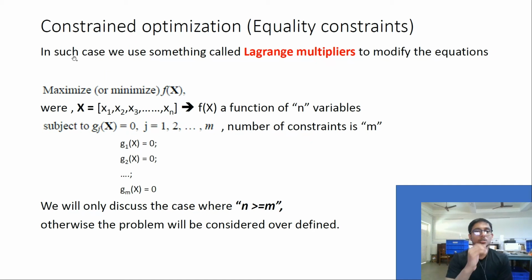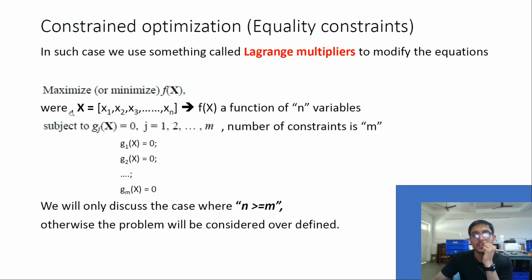Okay, so in this case, what we have to do is slightly modify our main function by introducing what is called a Lagrange multiplier. So let's say we have to maximize or minimize a function f(x), where x is actually a vector.